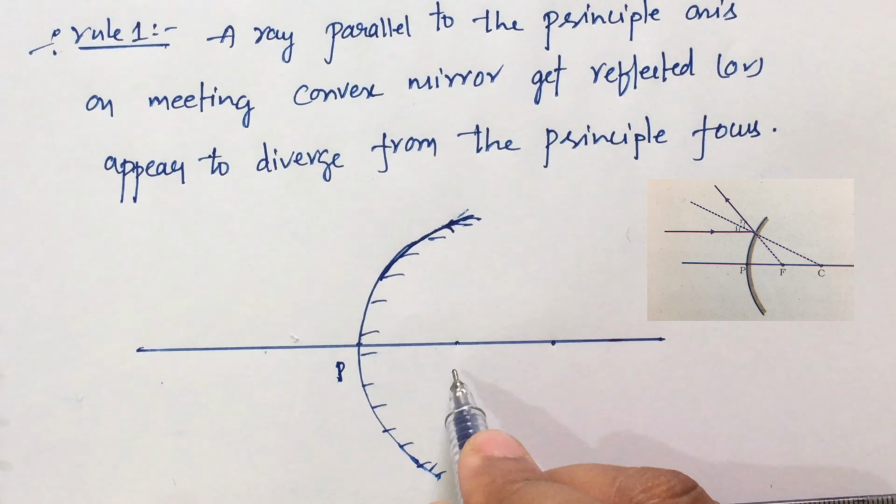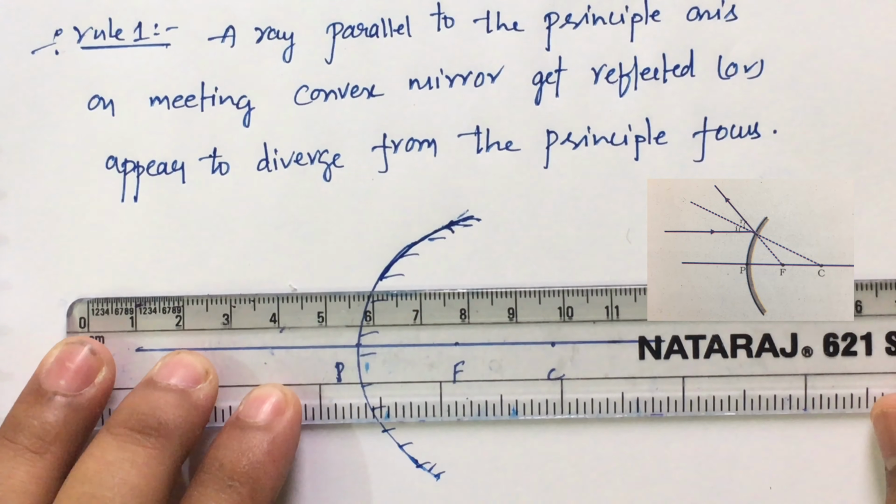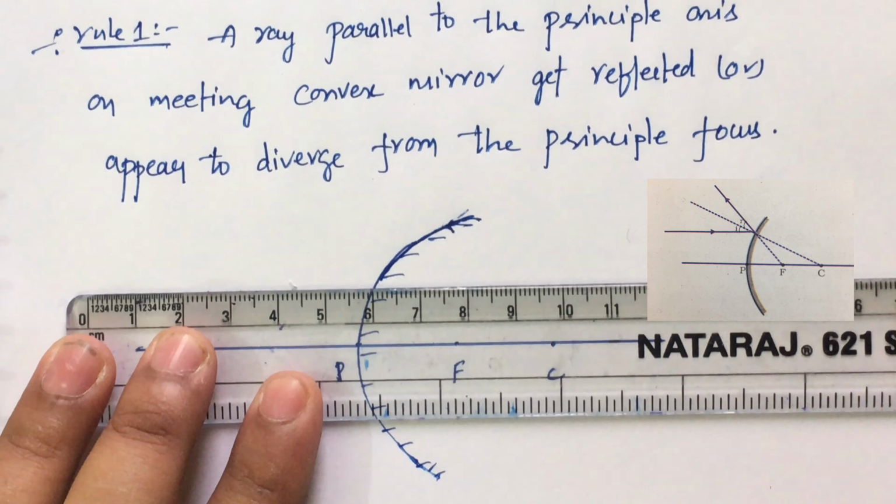So what is the first rule? The first rule says that the ray parallel to the principal axis, as I said, the light comes from this side. This is a reflecting surface which is bulged, curved from outside. The ray comes parallel to the principal axis, children. This is our principal axis.